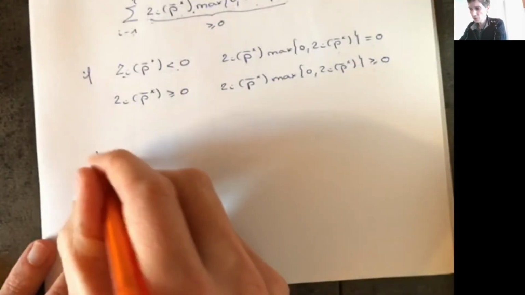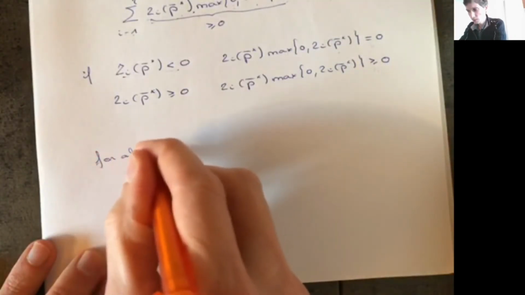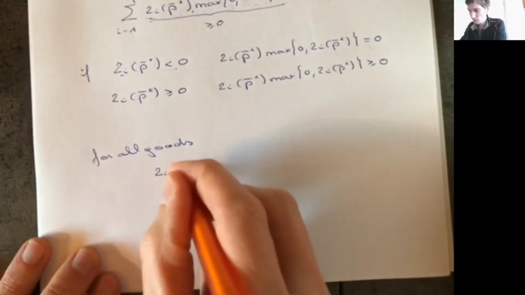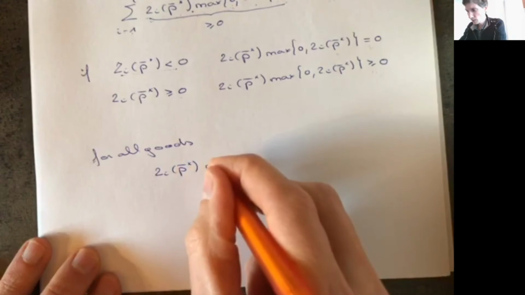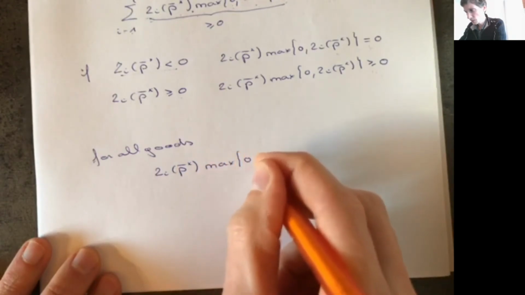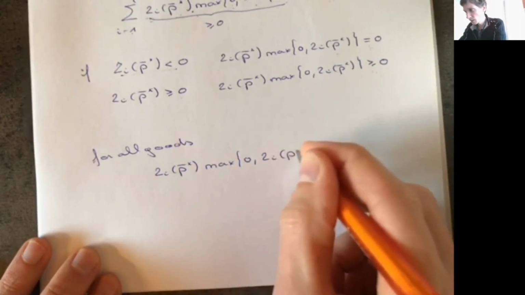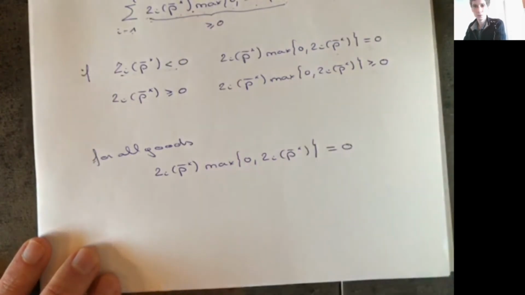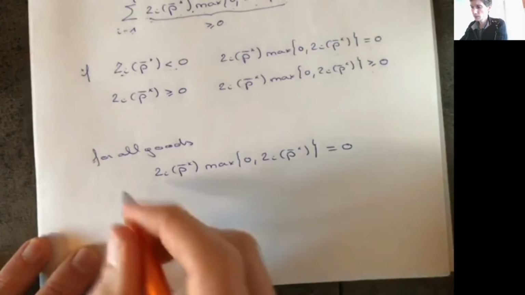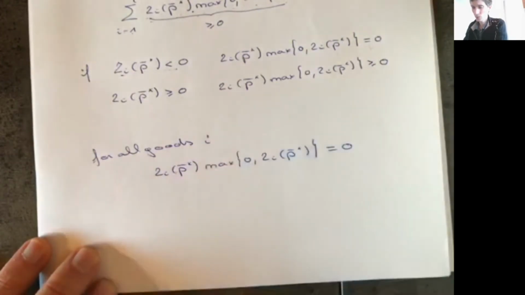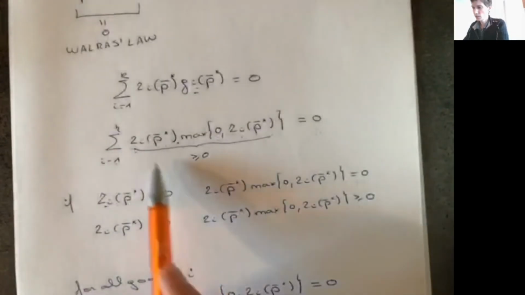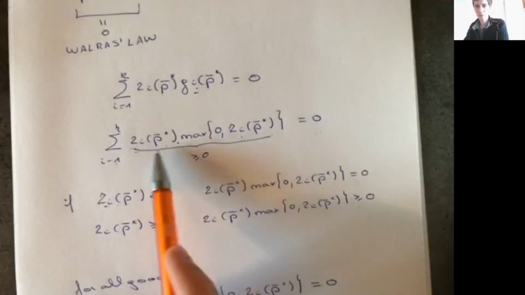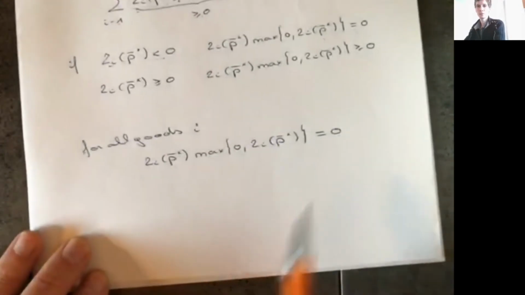So for all goods i, it follows that z_i(p star) times the maximum of 0 and z_i(p star) should be equal to 0. Why? Because they're always non-negative and they have to sum to 0, so every term has to be equal to 0.